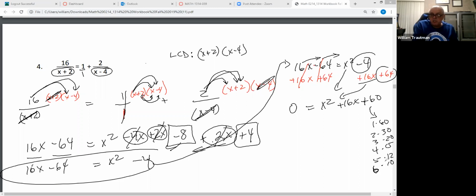Which one adds up to 16? It looks like 6 and 10. Anything else? No, that's the only one that adds up to 16. So our thing factors into x plus 6 and x plus 10.